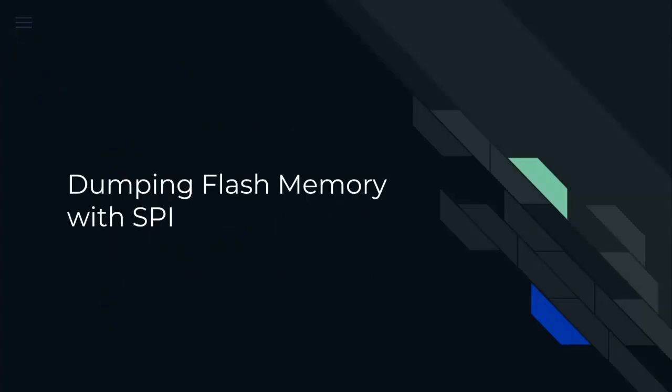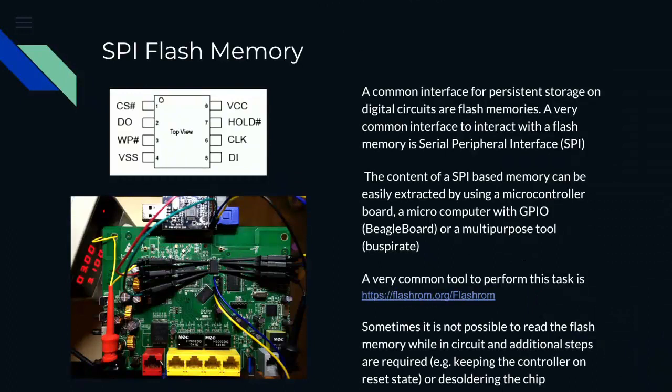Dumping flash memory with SPI. What's SPI? Basically, it's a bus. You have those signals that you expect, and you can connect probes to it and use microcomputers such as a BeagleBoard, Bus Pirate, or a microcontroller. You can interact with the hardware in several ways, and basically dump the content of that flash chip.